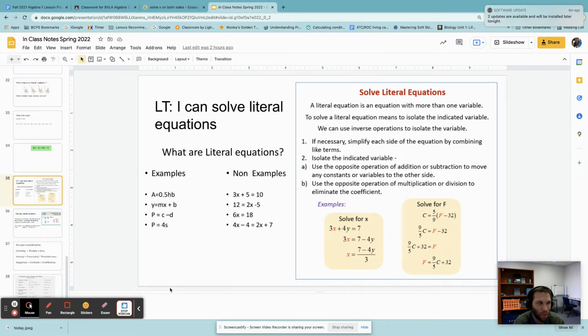A literal equation is set up where you plug different stuff in, and it has a whole bunch of letters in it, right? So here's some examples, here's some non-examples, and then here's how to do it. You can basically move anything around the same way you would numbers. By anything, I mean if it was a letter. Okay.